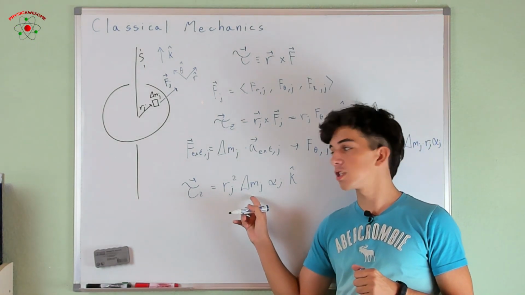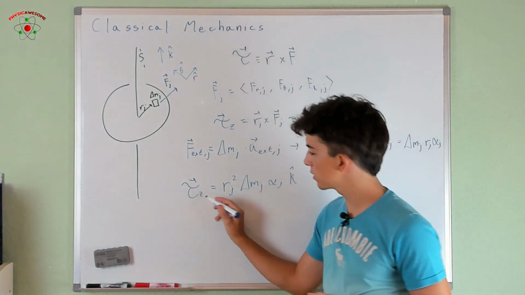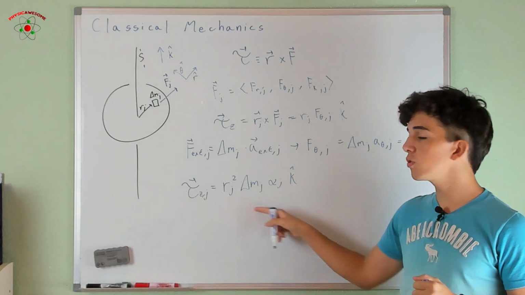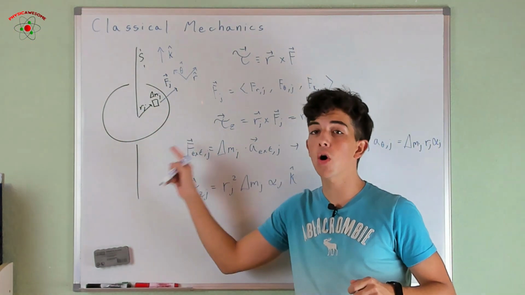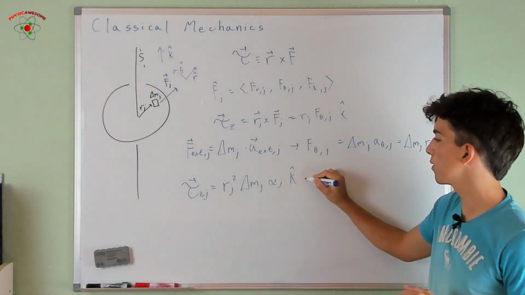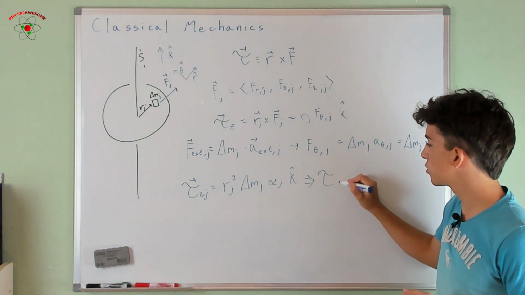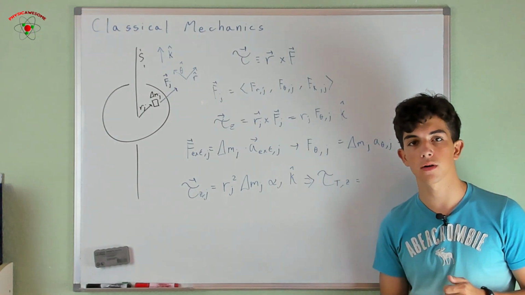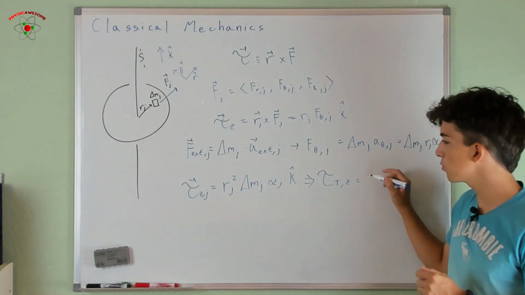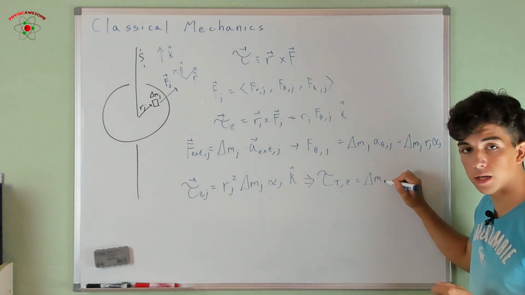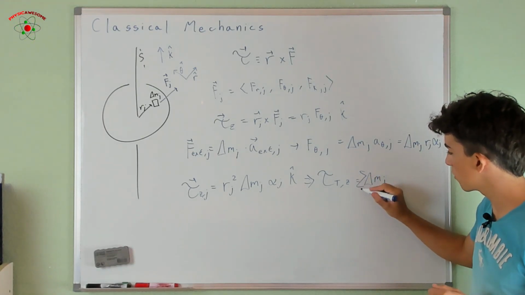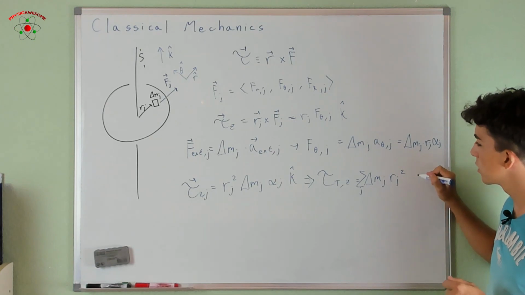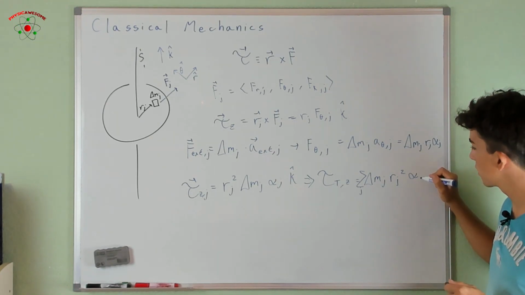However, we're only considering a small chunk of mass because this is only of j. To do so, we'll need to take the sum to consider all of the mass we have, all of our rigid body. So the total torque in the z direction, and let me start omitting the vectors, is going to be the sum over j of delta m_j r_j squared times alpha.